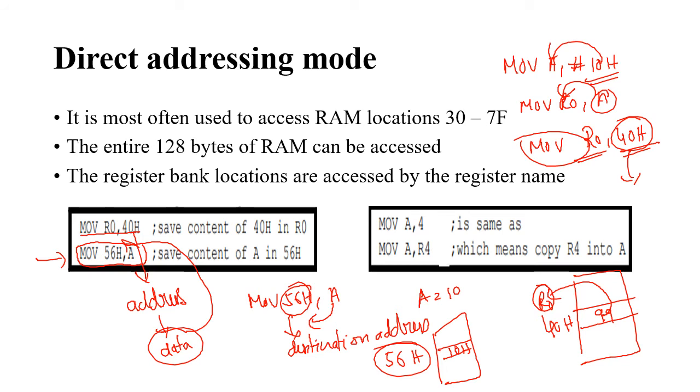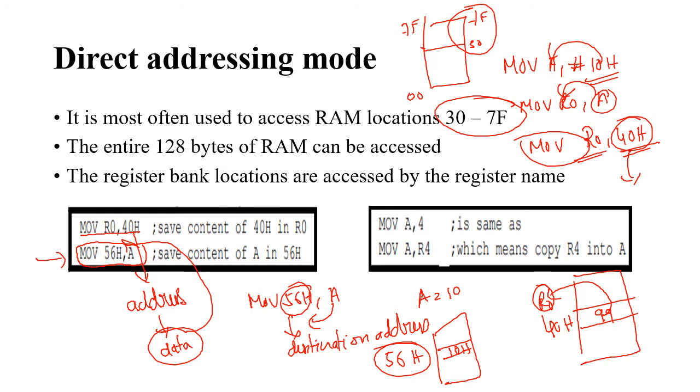So this direct addressing mode is most often used to access the RAM locations from 30H to 7FH. We know that in RAM, the address starts from 00 and goes up to 7F. Most of the time, for the addresses ranging from 30 to 7F, we use the direct addressing mode.